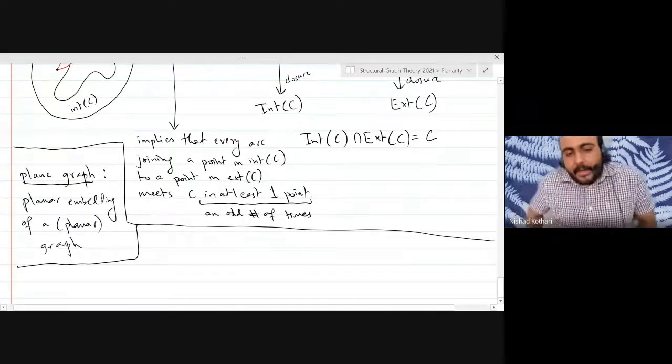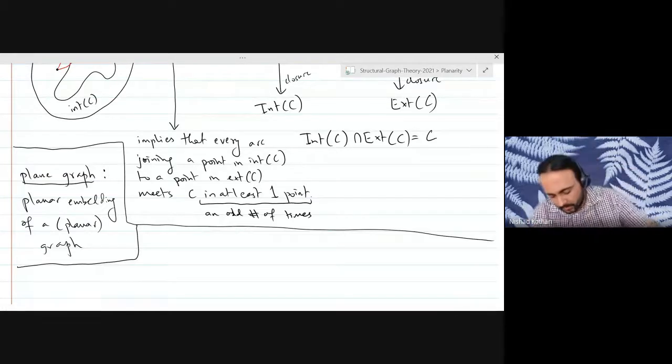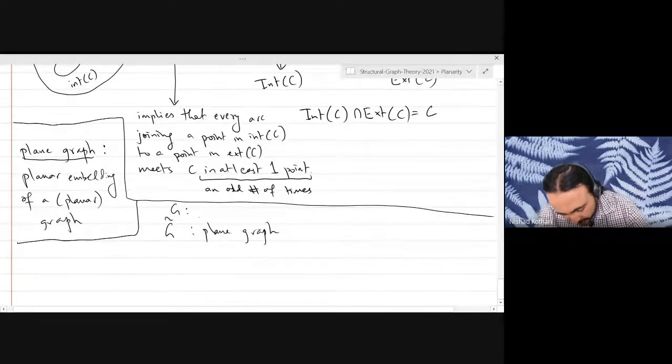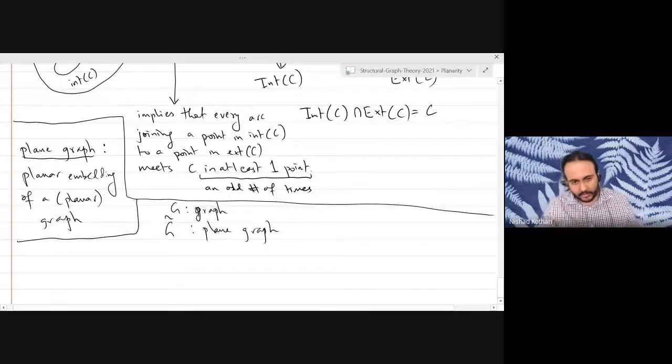So if you take a plane graph, let's say G tilde. G tilde is your plane graph. And G is the underlying abstract graph, right? What we usually call a graph. So can anyone tell me what is the connection between simple closed curves of G tilde and G? So what do simple closed curves in G tilde look like?